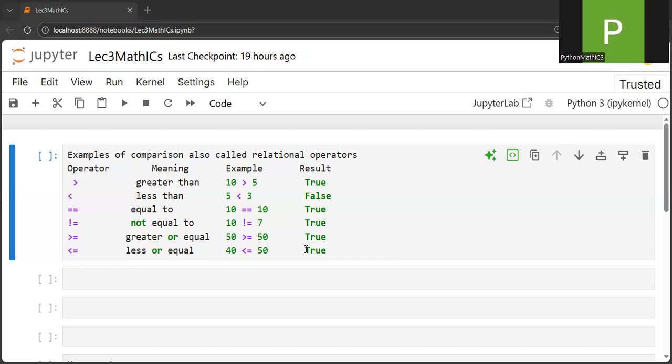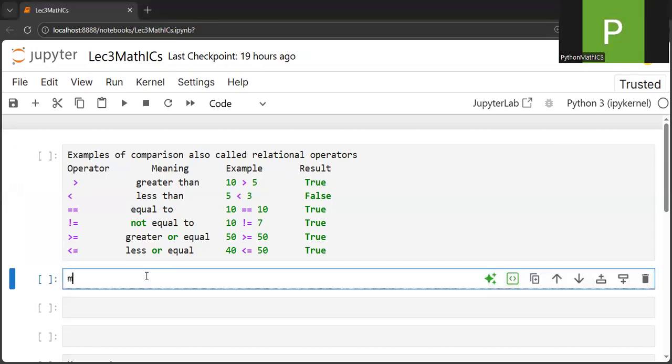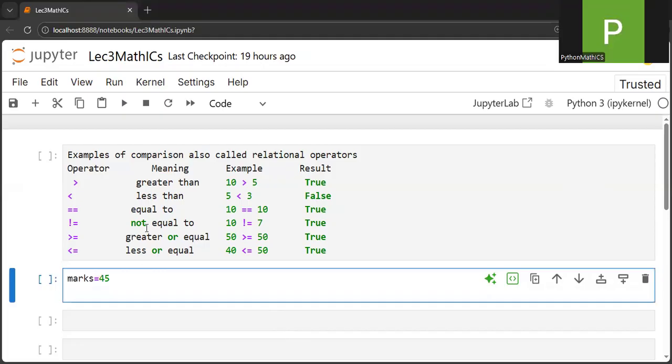Let's check marks, right? So for example, we have marks equal to 45. Okay, and we want to print, check, right? So print if marks are greater than or equal to 50.